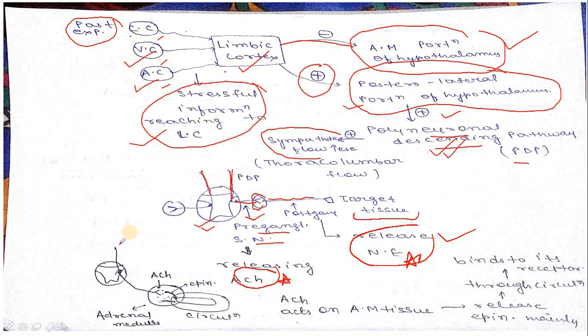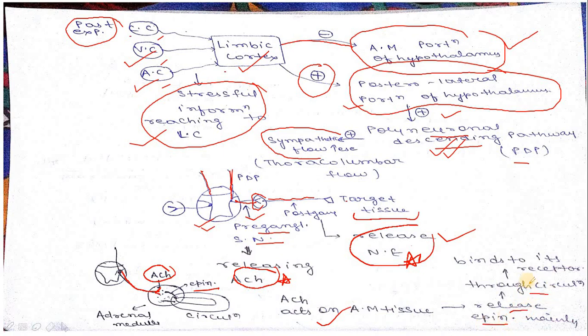Clear? Also, nerves from the posterolateral portion of the hypothalamus, coming through the polyneuronal descending pathway, also give nerves to the adrenal medulla. This is the nerve going to the adrenal medulla. It releases acetylcholine here, and acetylcholine acts on the tissues of the adrenal medulla, which release epinephrine mainly.